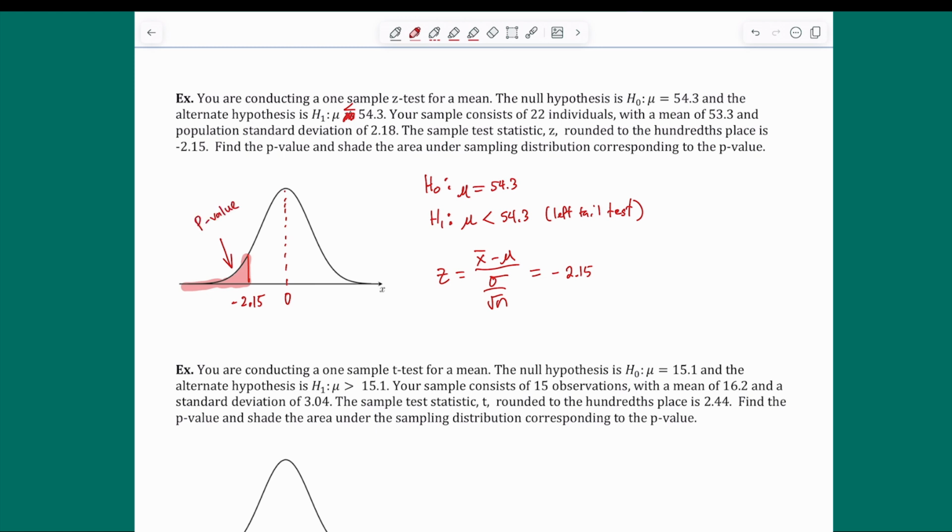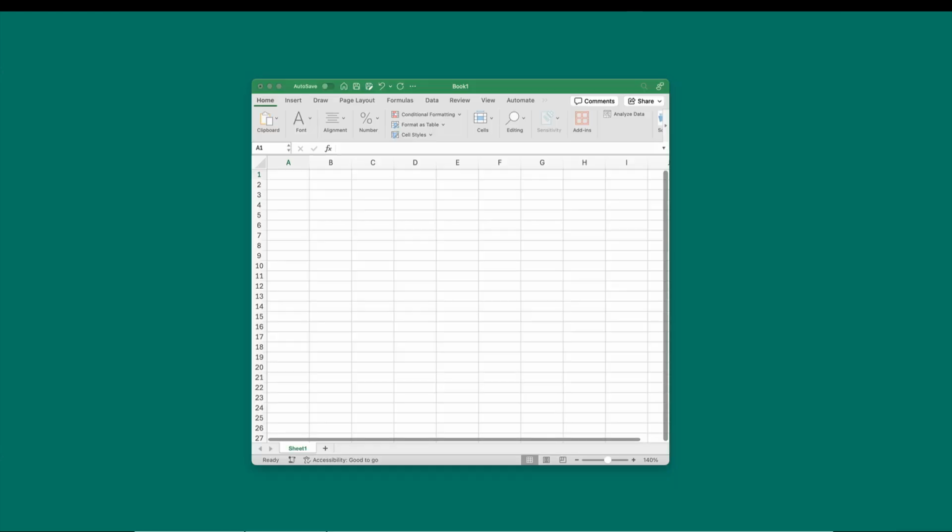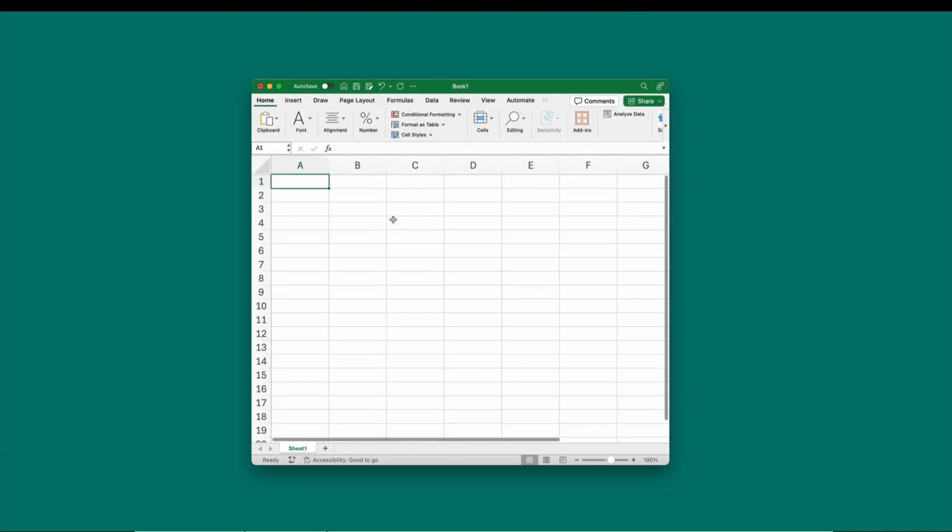The p-value can be found in Excel by going into an empty cell and typing in equals norm.dist, then negative 2.15, 0, 1, 1, close parenthesis. Let's show you how to do this in Excel. Here's Excel. Let's zoom in just a tad.